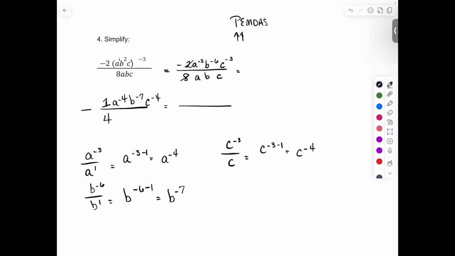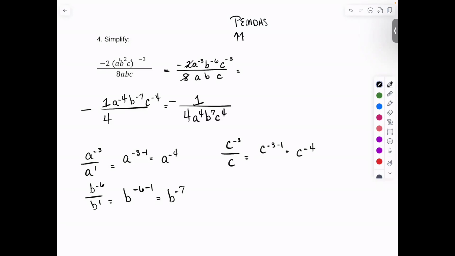But ultimately, we end up with negative. Don't forget your negative out there. The 1 will have to remain because we can't just leave nothing. So the 1 will stay. We'll have 4 on the bottom, and then we just simply flip our exponents. So that's our third rule, right? We're going to flip and negate our powers.